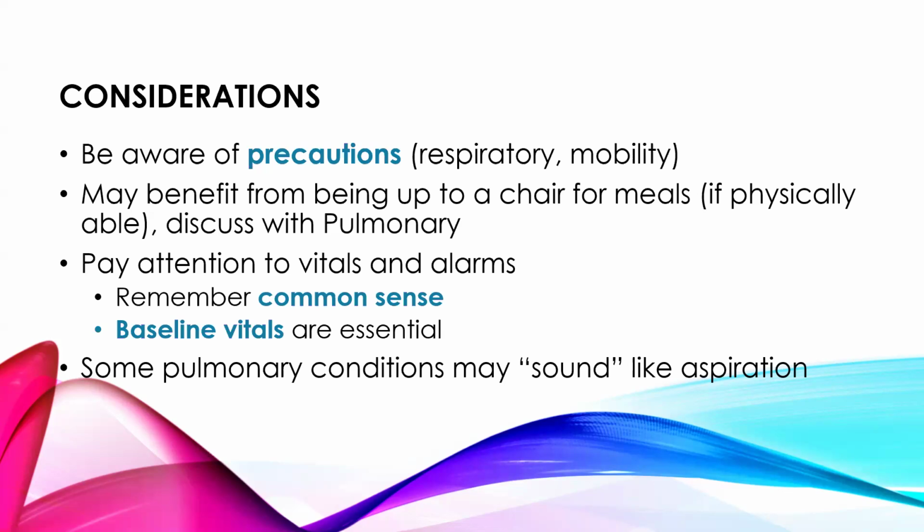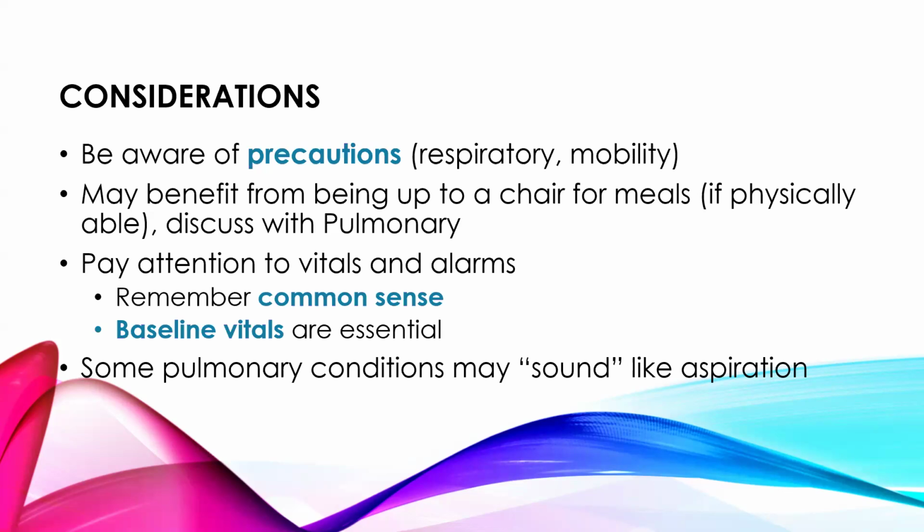And then baseline vitals are essential, especially for someone with COPD. This is a good example: somebody with COPD might not ever have 100% O2 sats. Their baseline might be 90 or 92. So when you're in the room and halfway through your session you look at their oxygen and you're like, oh my gosh, they've dropped 8%.